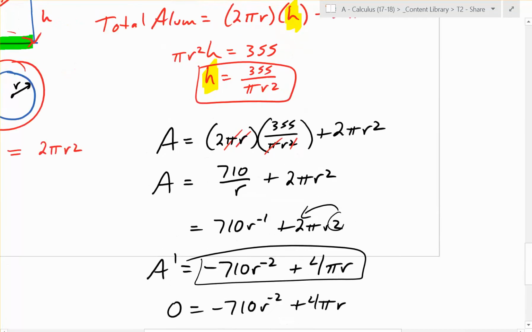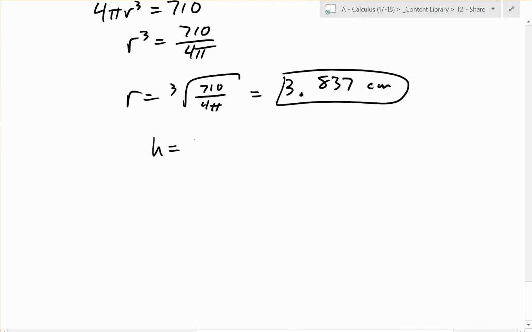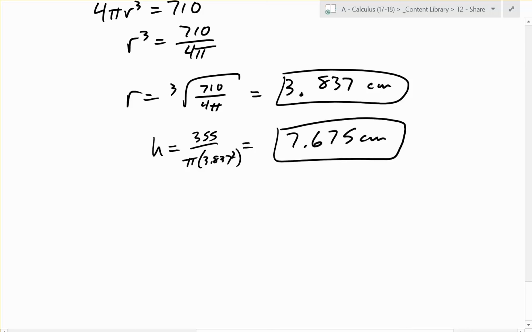We had a relationship up here, 355 over pi r squared, so h is going to be 355 over pi times 3.837 squared. You end up with 7.675 centimeters. So the ideal soda can would have a radius of that and a height of that to enclose 355 milliliters, which is a centimeter cubed.